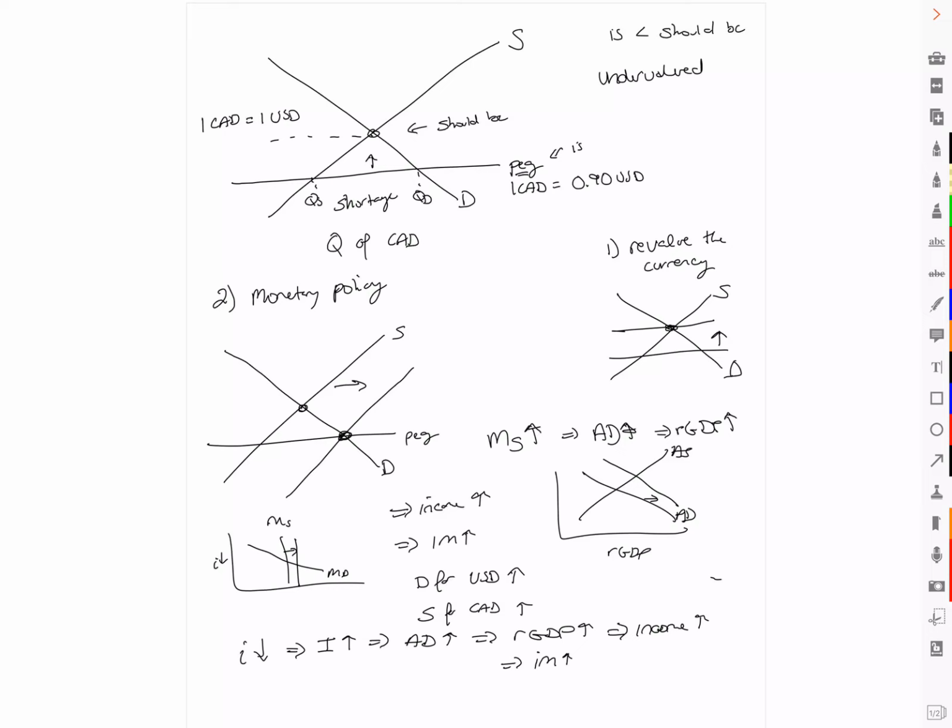But if you want to maintain a pegged exchange rate and you have an undervalued currency, then you have to do it to maintain the peg. And the challenge with this is that means that monetary policy can no longer be used to stimulate or slow down the economy. So monetary policy can no longer be used to close recessionary and expansionary gaps because now you're devoting your monetary policy to maintain your exchange rate.